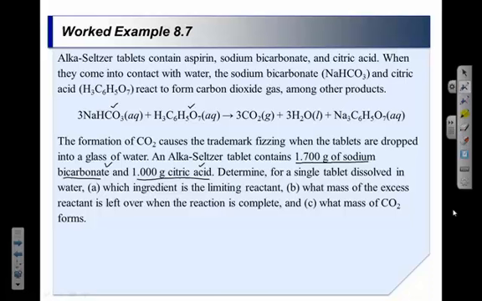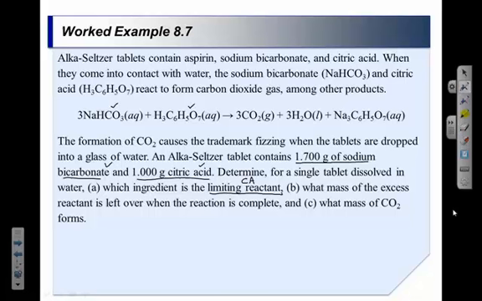So most likely the company has designed this tablet to have the citric acid and the sodium bicarbonate react together to produce the fizziness. But after that reaction is done, the citric acid should be gone. It shouldn't still be there.